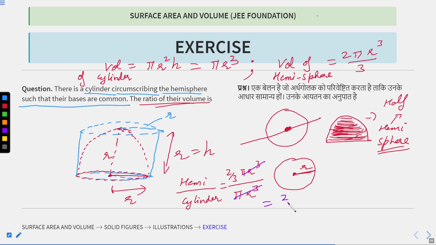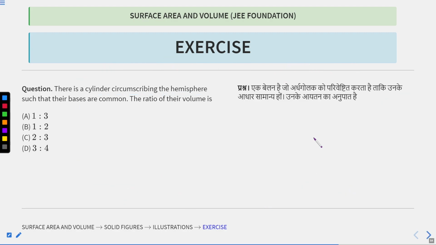That means the ratio is 2:3. I hope this is clear. So the ratio is 2:3, and option C is our correct option.